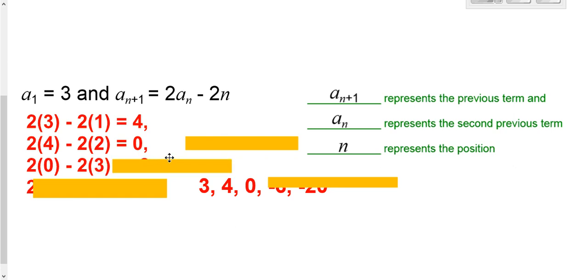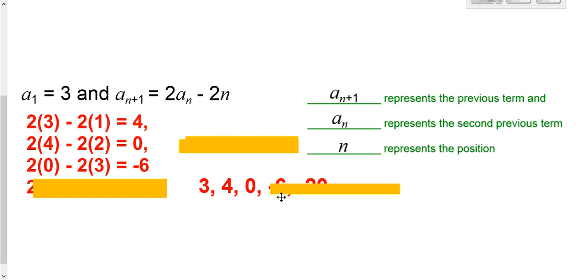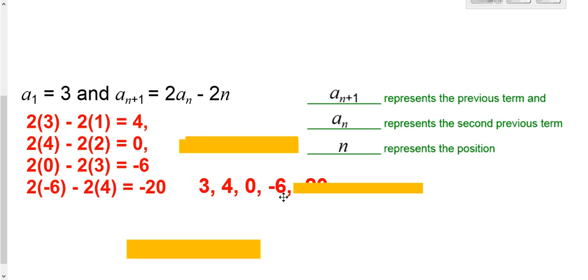So I get minus 6. Then I'm going to go ahead and plug in that minus 6 to get to my next term. Minus 6 times 2, because I need to double the previous term, minus 2 times the position of that 6, which was the fourth position. And so I work that out, and I would get minus 20.